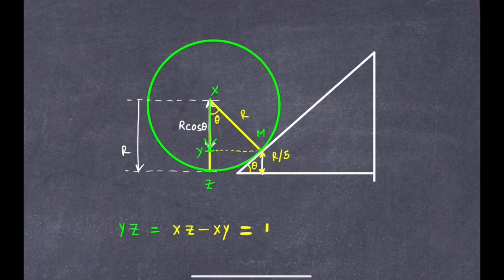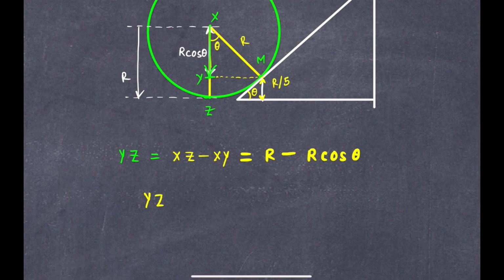XZ is the radius R, minus XY, which we found to be R cos theta. So this will be R minus R cos theta. So the distance YZ will be equal to R times (1 minus cos theta).